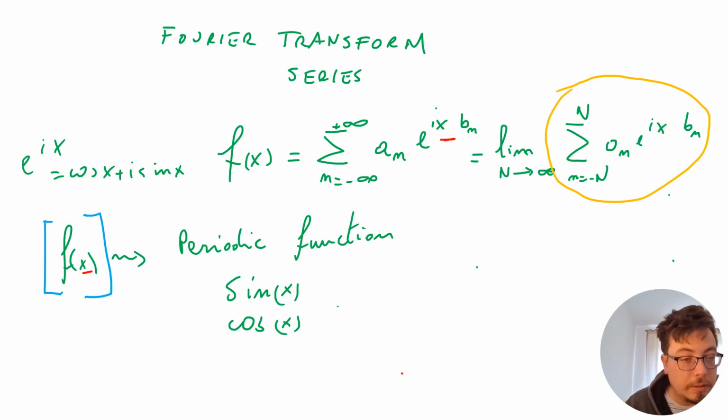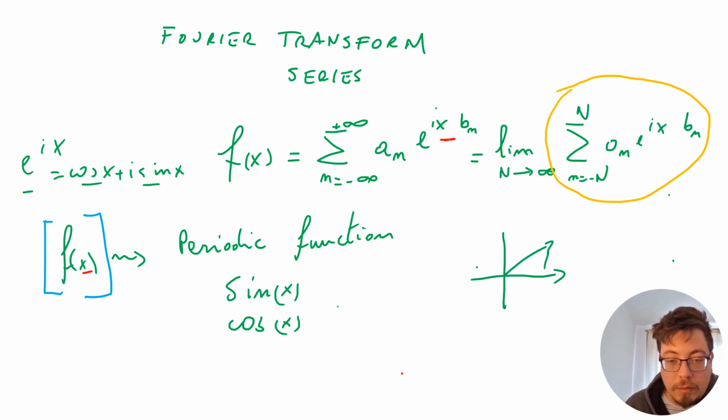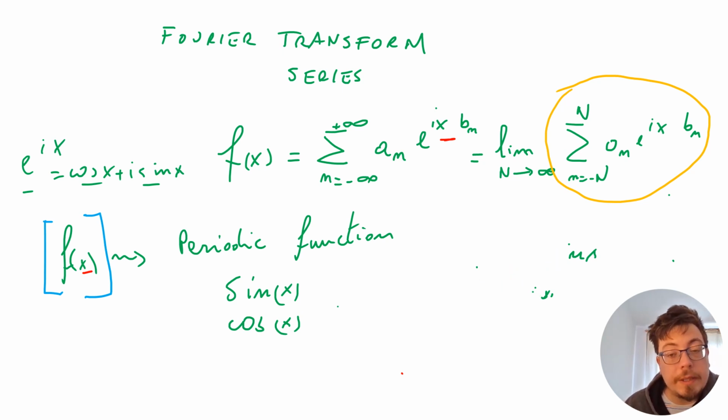We know them from the exponential, but we know them from the vectors and matrices videos as well. When you have a vector, you have two components, sine of x, cosine of x, and so on. And those are periodic. Of course, we need to prove that, but I'm not going to do that.